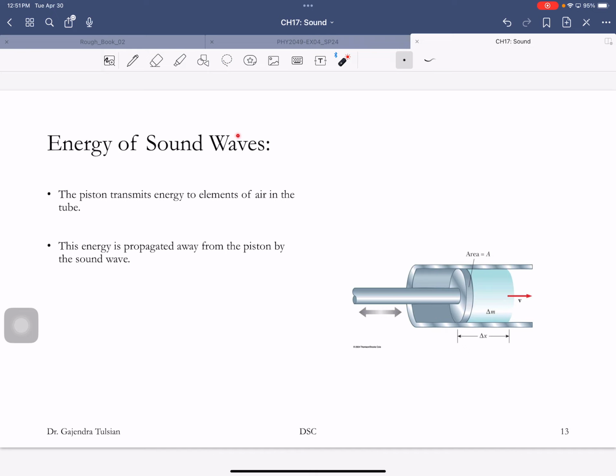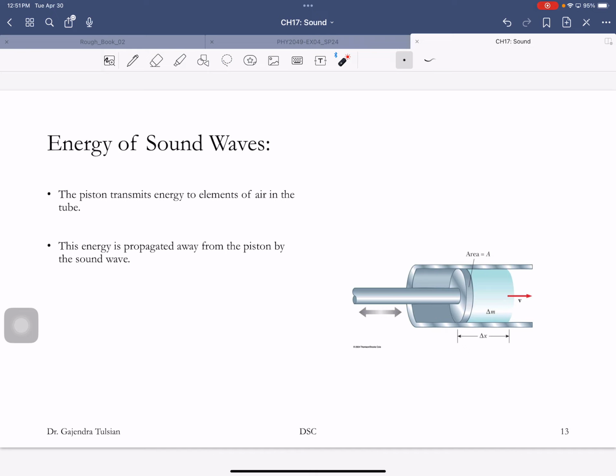All right. All waves carry energy. So sound waves carry energy as well. For instance, when somebody's talking, the sound waves get to your eardrum and energy is deposited onto your eardrums. And that eventually gets converted to a nerve signal, which is sent to your brain.